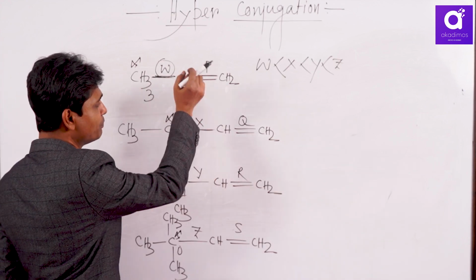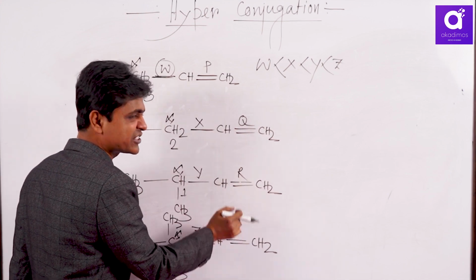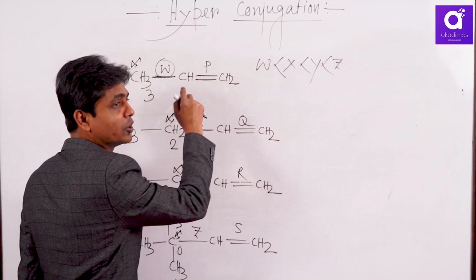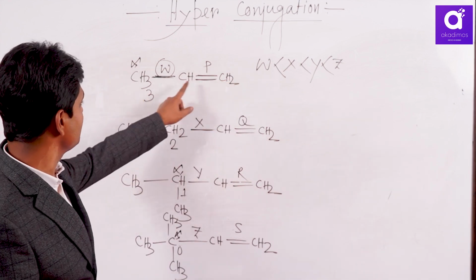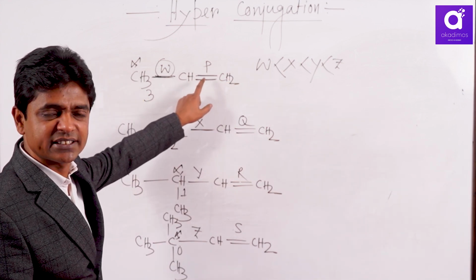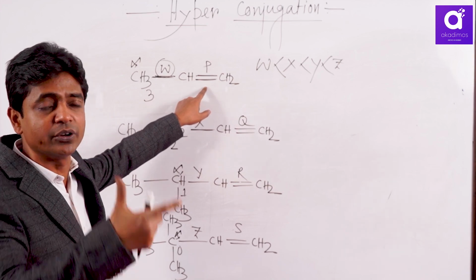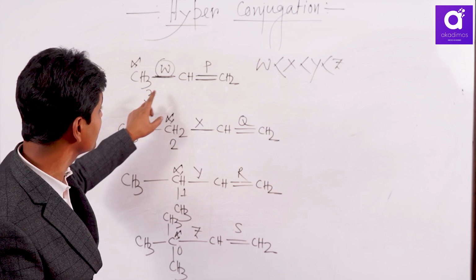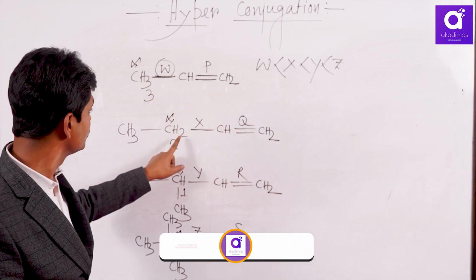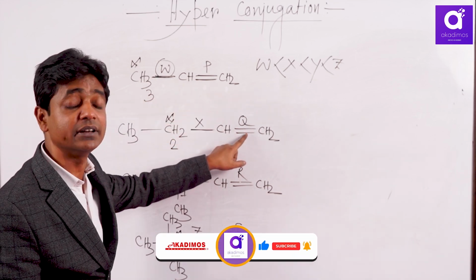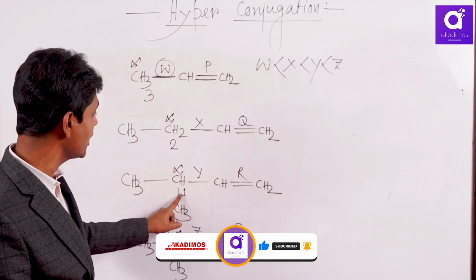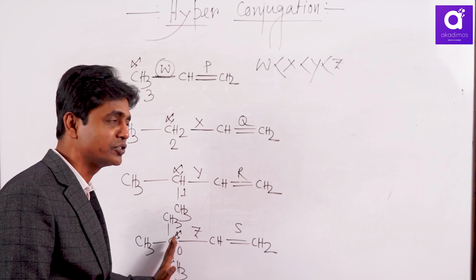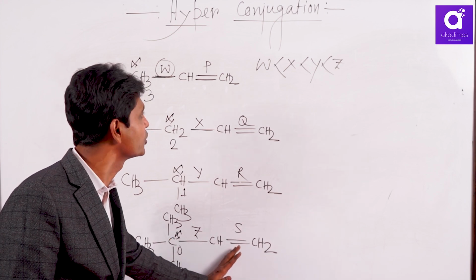Similarly, if I compare P, Q, R, S lengths, you know hyperconjugation will make it a single bond. 3 hyperconjugations will make it more of a single bond, and when it becomes a single bond, its length increases. The 3 hyperconjugations will increase P. 2 hyperconjugations will increase Q. 1 hyperconjugation will increase R. With 0, no hyperconjugation, it is more or less a pure double bond.